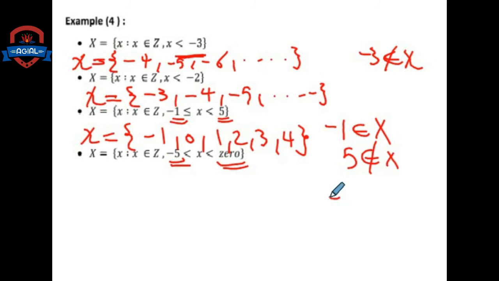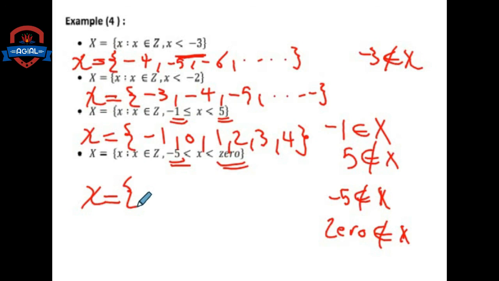But negative 5 doesn't belong, and 0 doesn't belong, because it is less than and not less than or equal, and more than but not more than or equal. So we have the set X equals, we open bracket, we have negative 4, negative 3, negative 2, and negative 1, and we close the bracket.